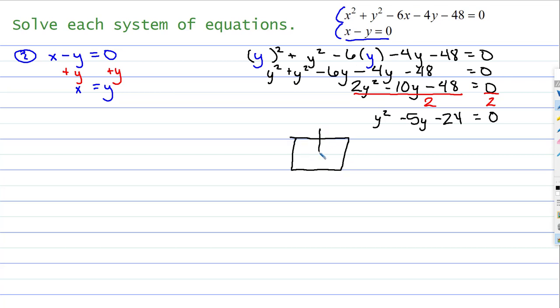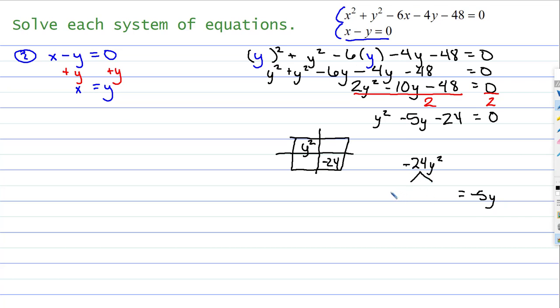And so remembering back to the box method, when y'all talked about factoring in Algebra 1, you put your squared term in this corner, negative 24 in this corner. You look to see what would multiply to give you 24y squared, but will add to give you negative 5y.